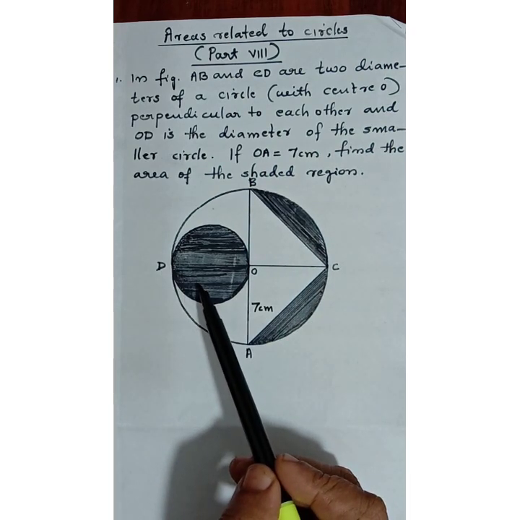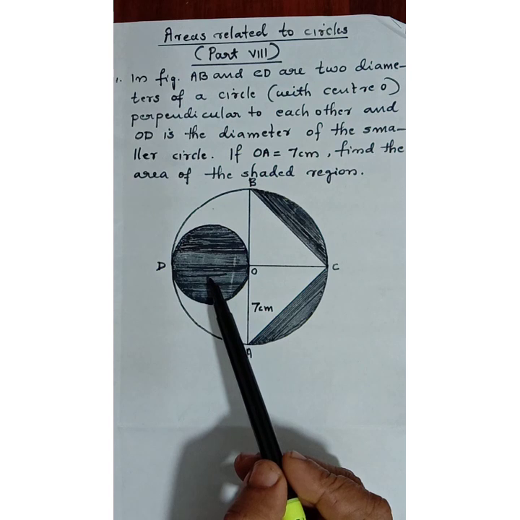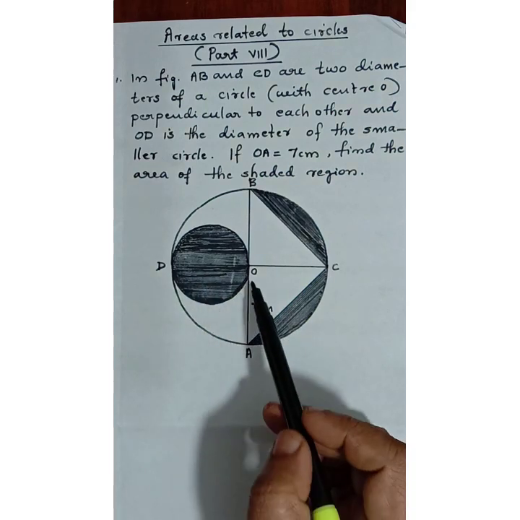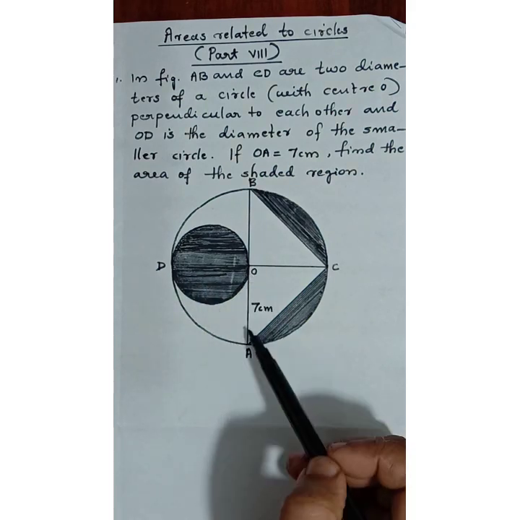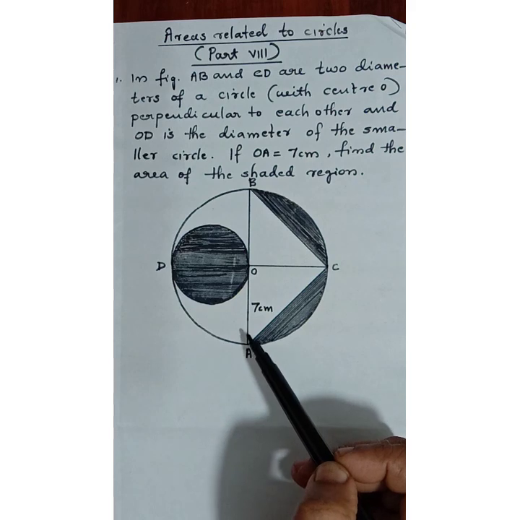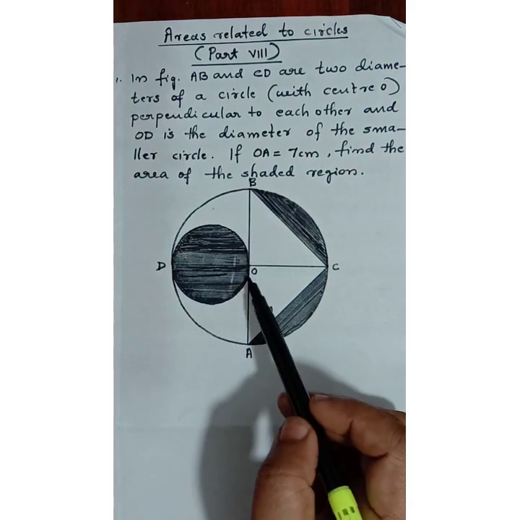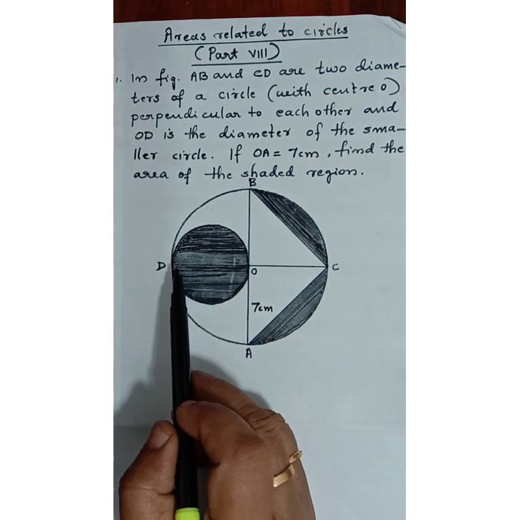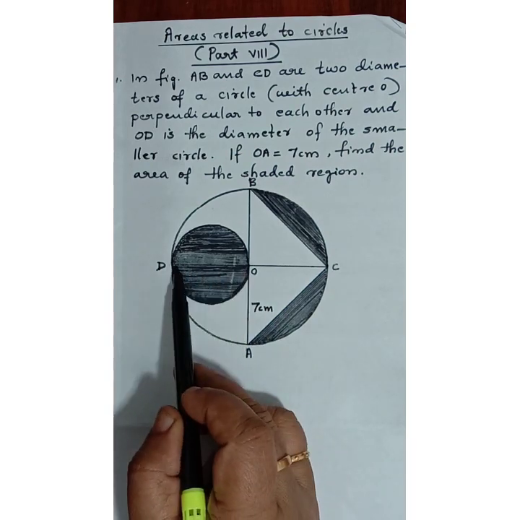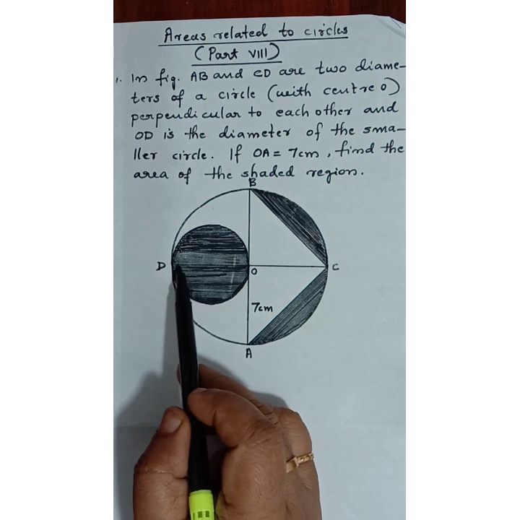For the small circle, we will be able to find out the area. How do we find it? Using the area formula pi r square. If OA is equal to 7 centimeter, it is understood OC is also 7, OB is also 7, and OD is also equal to 7 centimeter.